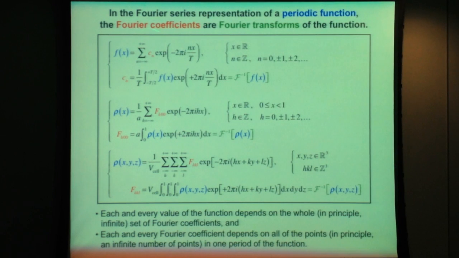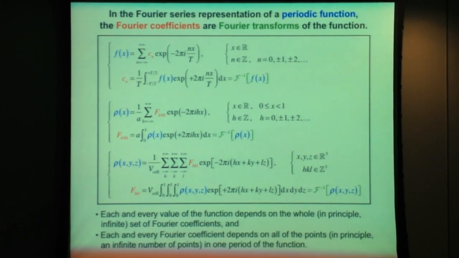The Fourier coefficients, here in red, c sub n, F h 0 0, these are structure factors along one direction, one axis in the reciprocal space. And here, the three-dimensional electron density, and here, in red, the crystal structure factor, which we get by Fourier inversion, inverse Fourier transformation of the electron density function.